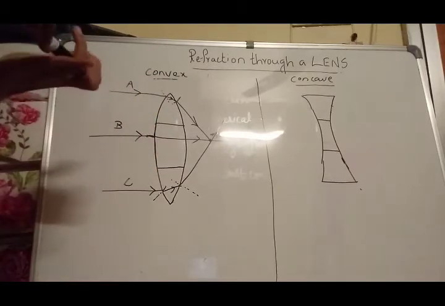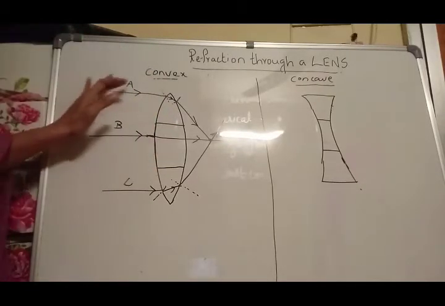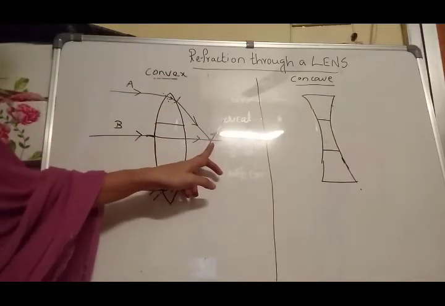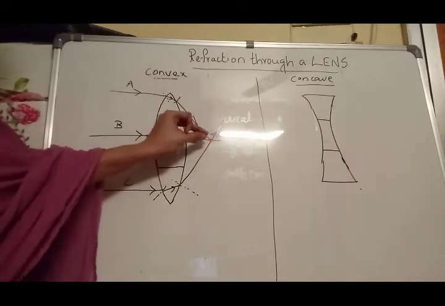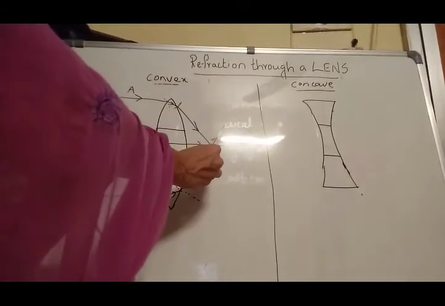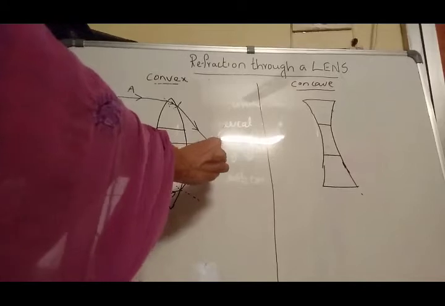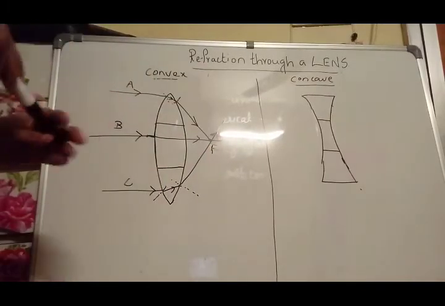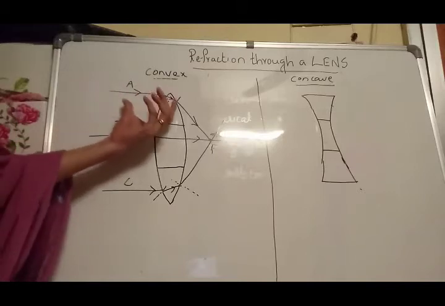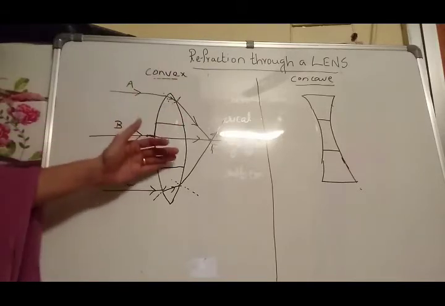When you look at the case, you could see that all the rays after refraction are meeting, or converging, at a particular point. We name that point the focus, but we will learn more about focus and its definition later. I have just shown you how the rays behave when passing through a lens.